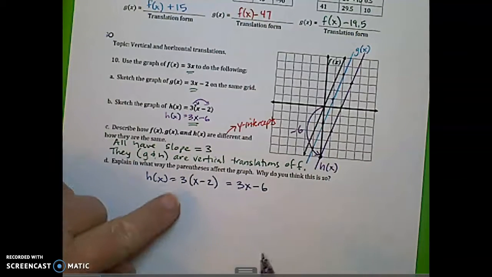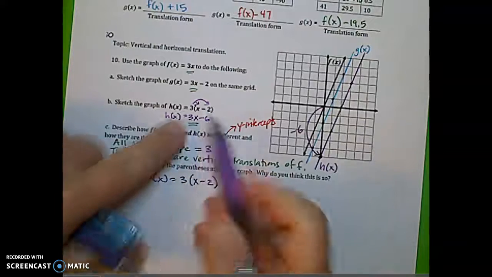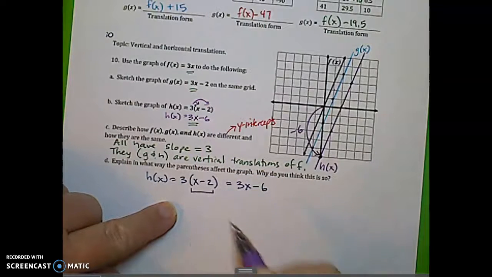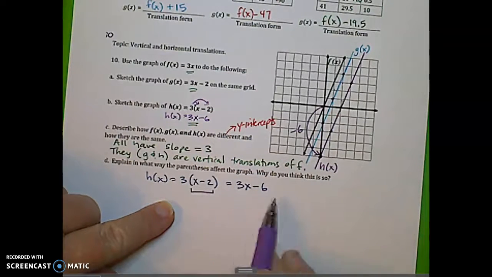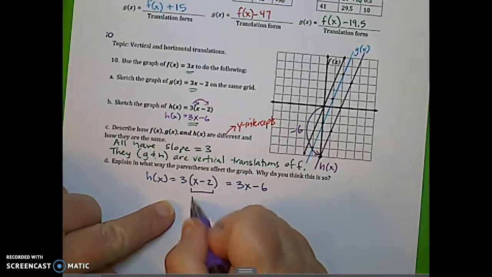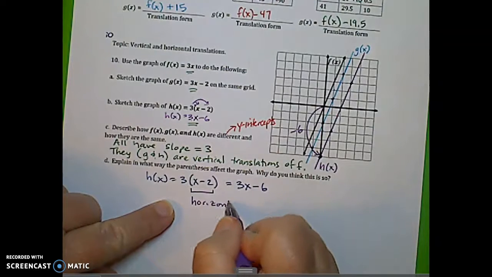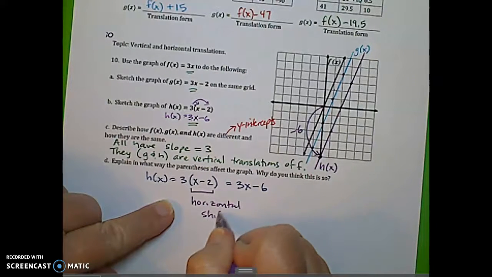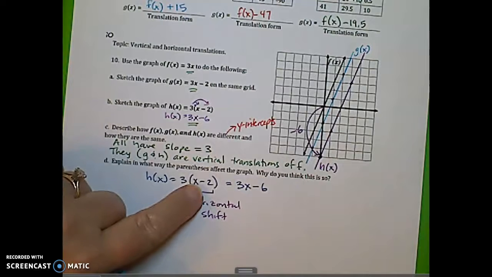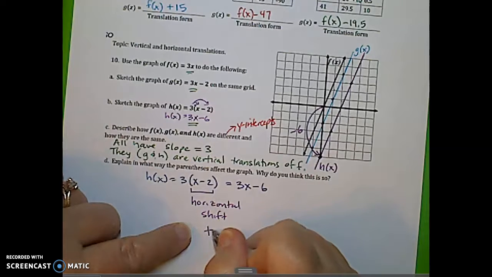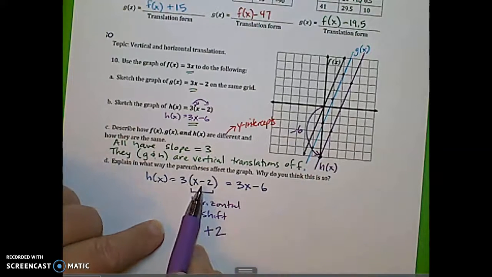I want you to think about this. What's in parentheses shows us the movement in a horizontal direction. We can think of this as a horizontal shift, and it's a horizontal shift of plus 2. So we actually use the opposite sign of this.